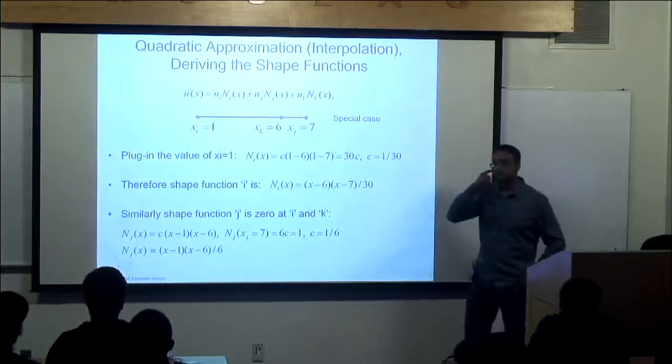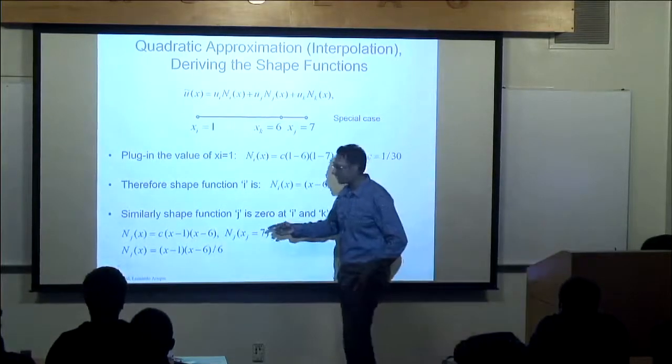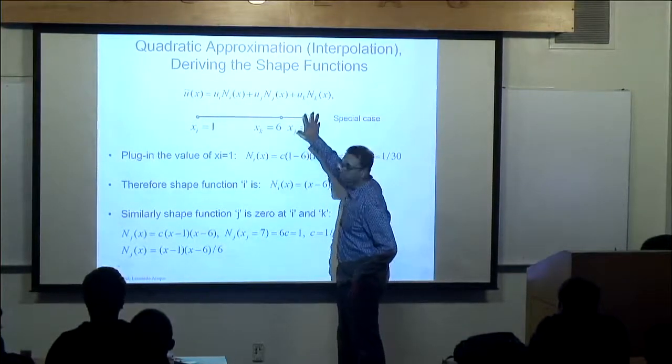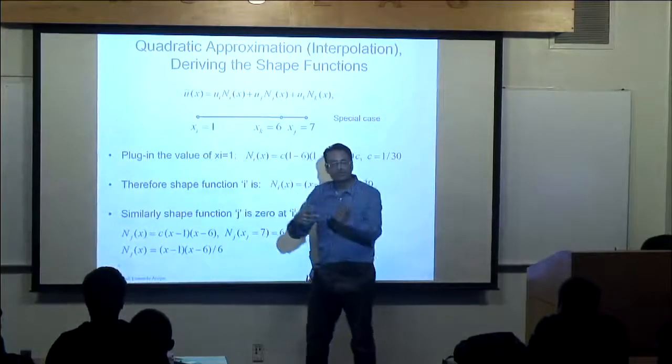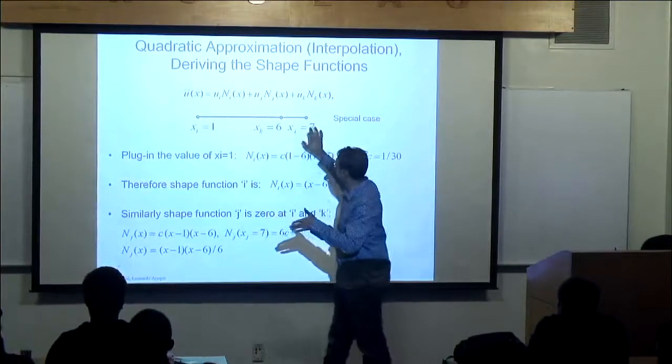Okay. Let's do another one, just because it's kind of fun. Let's look at node j. The shape function that goes with this has to be 0 here and here. So then I must have x minus 1 and an x minus 6 for that to go away there.